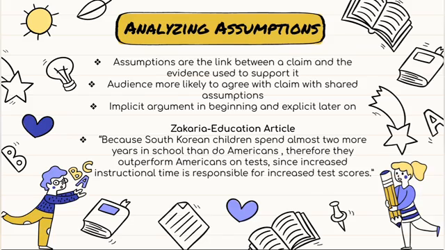Sometimes in the argument, claims are really implicit in the beginning, but more explicit later on. And by using the Toulmin model, you can discover the assumptions being made, especially if the claim is implicit.